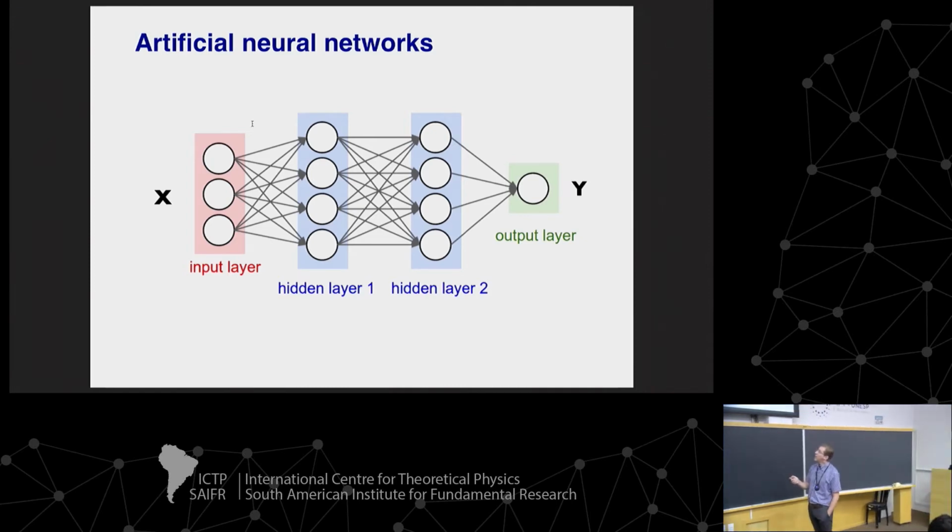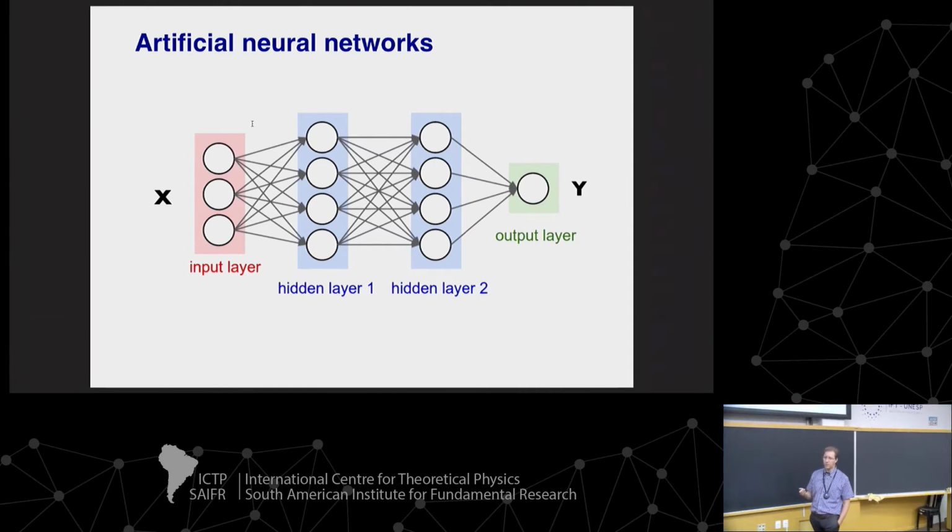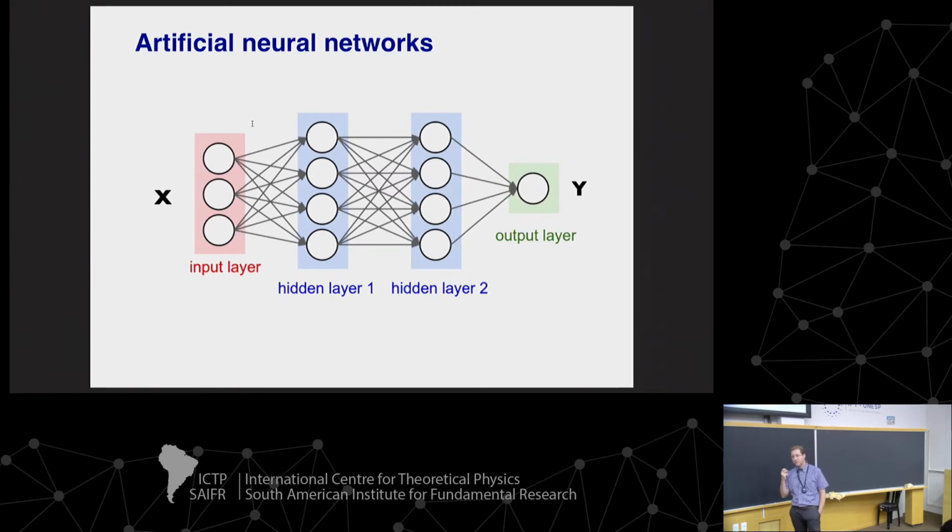Then the data is transmitted from one layer to another layer, and then we compare with our example, and we try to adjust the weights in order to minimize the error. So we use a kind of optimization, gradient descent for instance, to adjust the weights such that our prediction will be as accurate as possible.